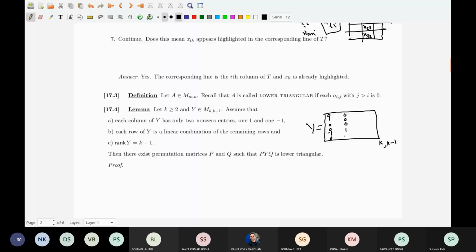Okay. And it is also given that each row of y is a linear combination of the remaining rows.